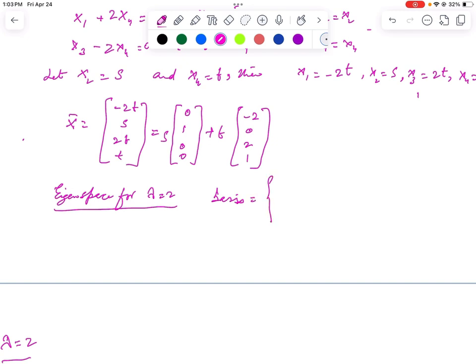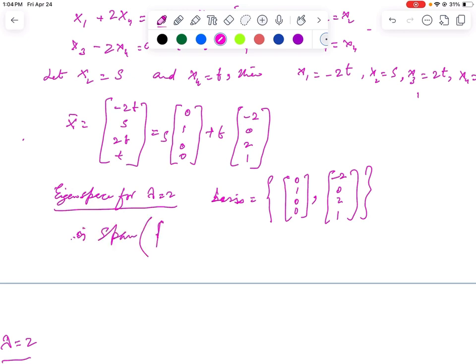It is the set which contains these two vectors. You may also write it like this: the eigenspace for lambda is the span of these two vectors.